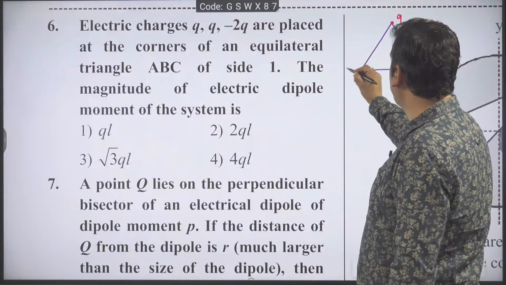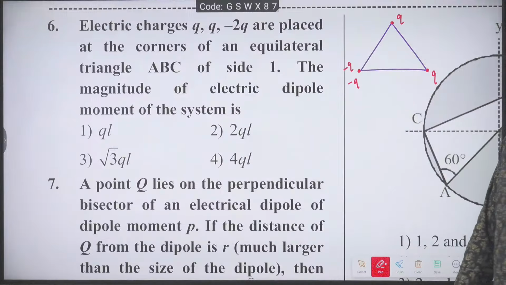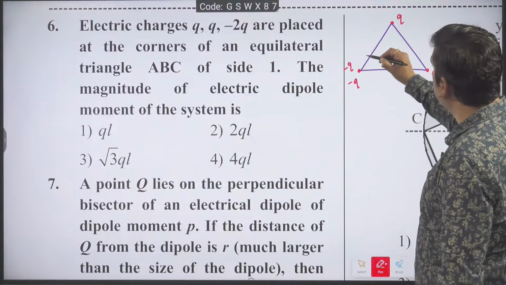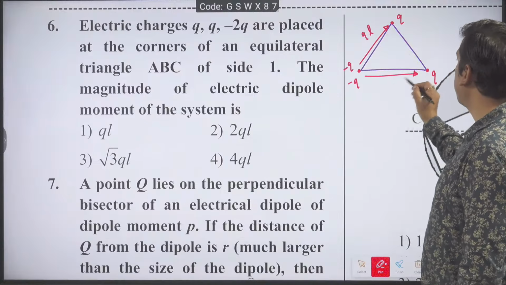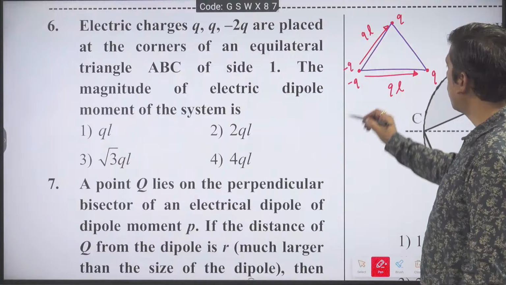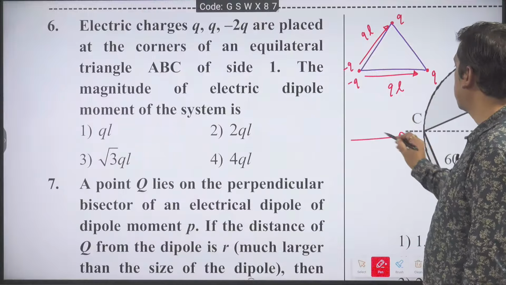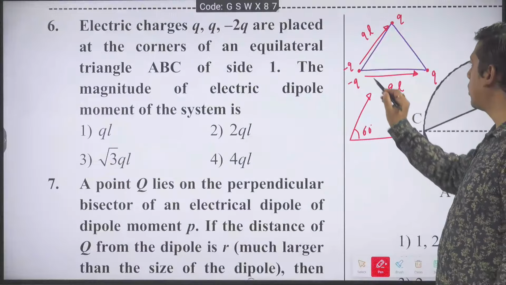This one is Q. This is minus 2Q, which will break as minus Q and minus Q. Now you can see this minus Q and minus Q has a dipole moment QL. This minus Q and Q has a dipole moment QL. So there are two dipole moments, one like this, another one here. The angle between them is 60 degrees because they are tail to tail joined.